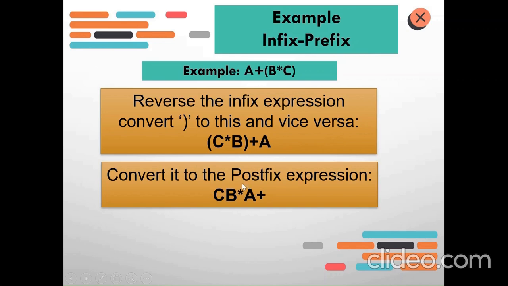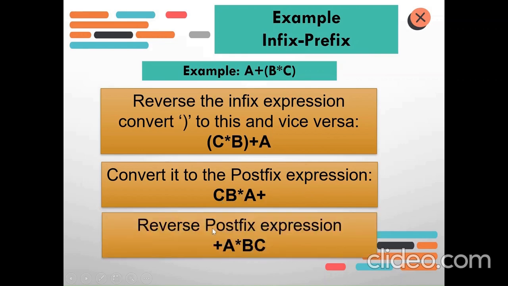Then we do the postfix conversion of this expression. It turns out to be CB asterisk A plus. Then we reverse this postfix expression to get the final prefix expression, which is plus A asterisk BC.